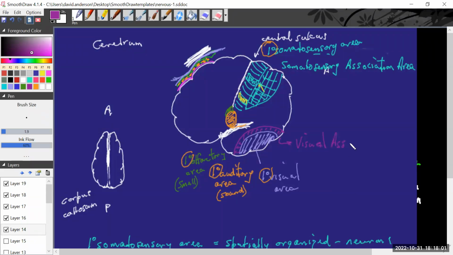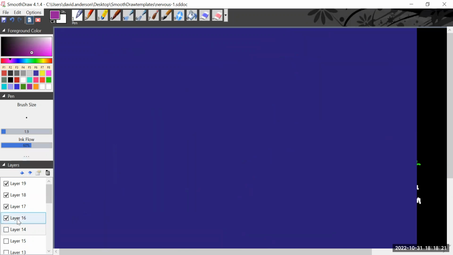Yeah, visual association area. So we know that the visual association area is responsible for context. It's going to put memory and emotion and learning against the raw data. So here's a good illustration, or at least I think it's a good illustration. You may disagree with me.